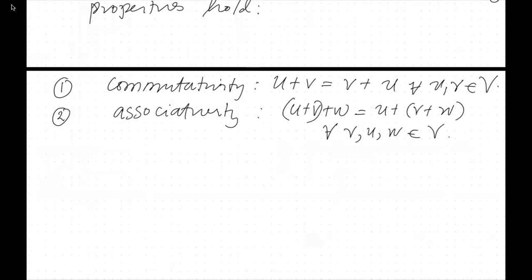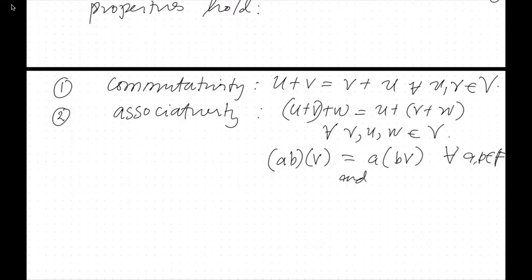And if we add scalar multiplication, we have associativity too: (ab) times v equals a(bv), for all a and b in our field F, and v in our vector space V. The third property that it should satisfy is the existence of additive identity.